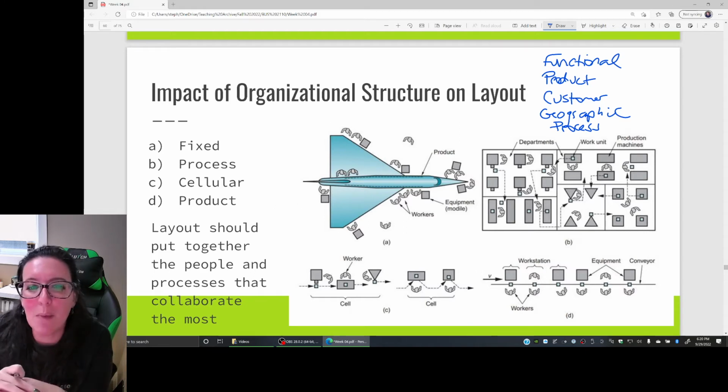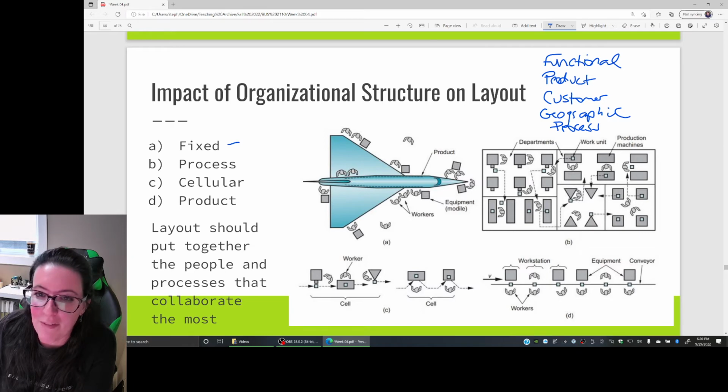Now, what type of departmentalization do you have if you have a fixed layout? So we're going to group all these workers together based on what? Well, we base it on what they're making, right? So all of this group here is working on a plane. So if we have a fixed layout, we probably have some kind of product departmentalization.